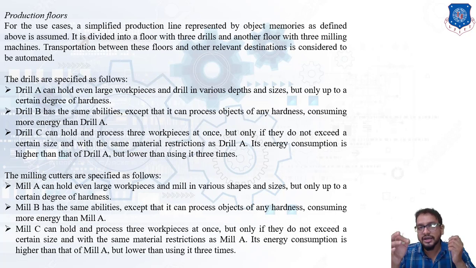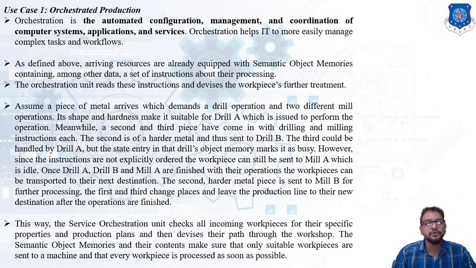But it will definitely consume more power compared to milling machine A. And third, mill C can hold and process three workpieces simultaneously, but only if they do not exceed a certain size and with the same material restriction as mill A. Obviously, the energy consumption is higher compared to milling machine A, but lower than when milling each workpiece separately. Right. Now let's move further and consider use case 1.